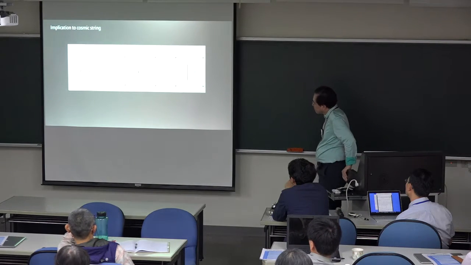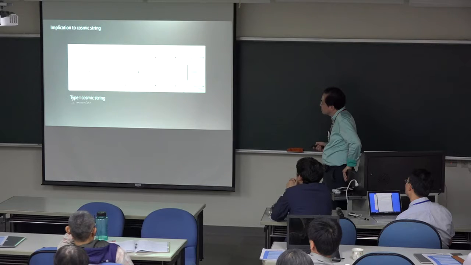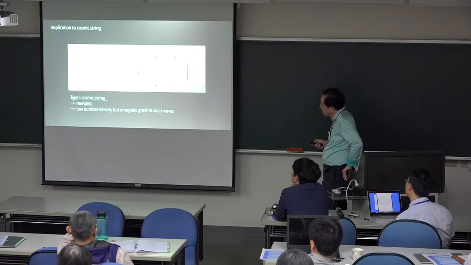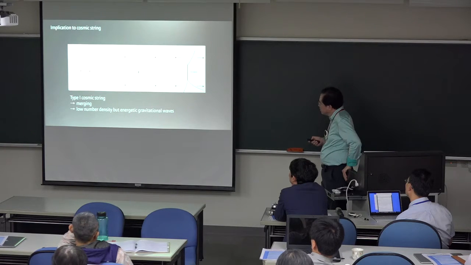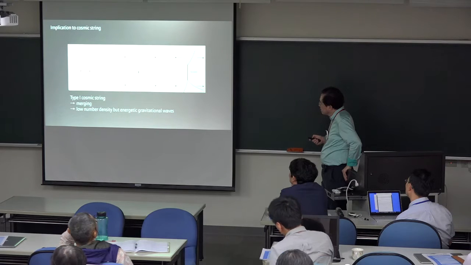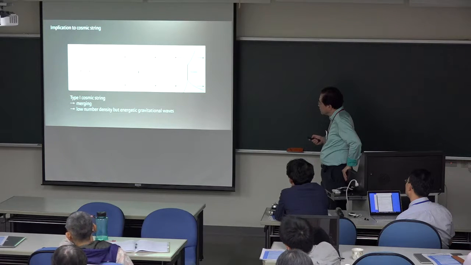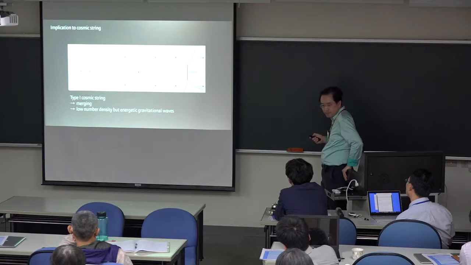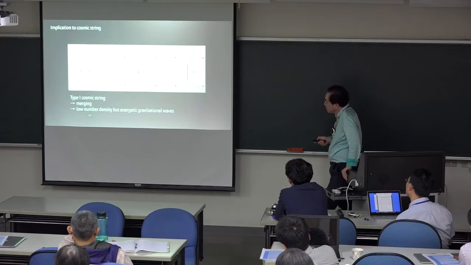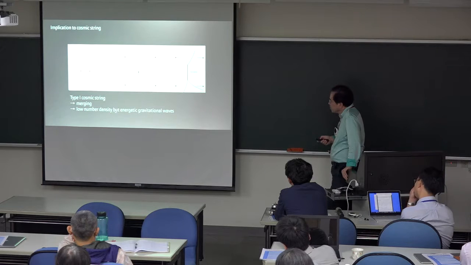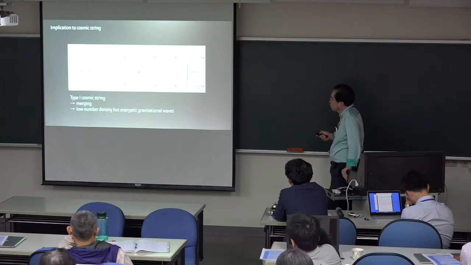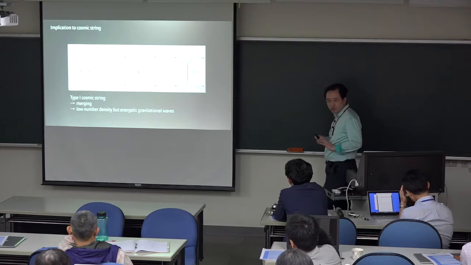So if you consider the type 1 cosmic strings, then because of the attractiveness, if their speeds are small enough, almost non-relativistic, they merge. Then the number density of the cosmic strings will decrease in the universe.